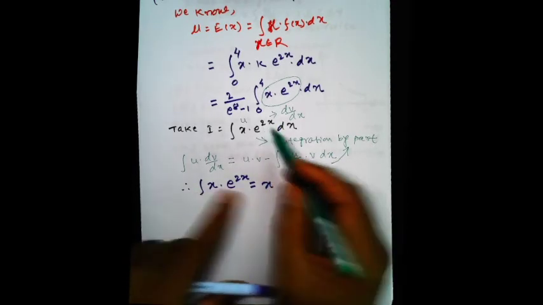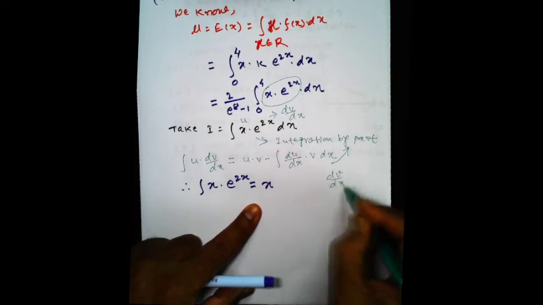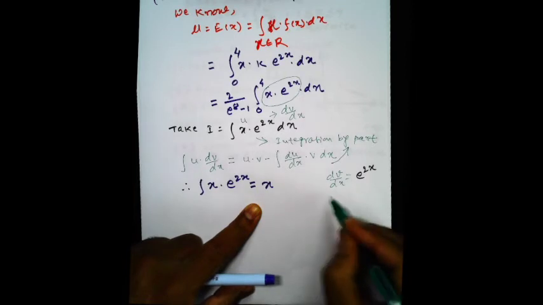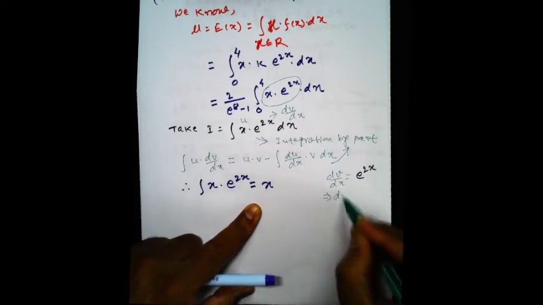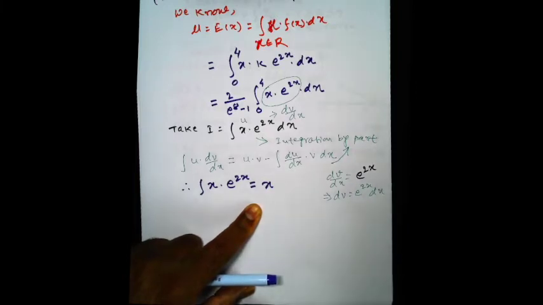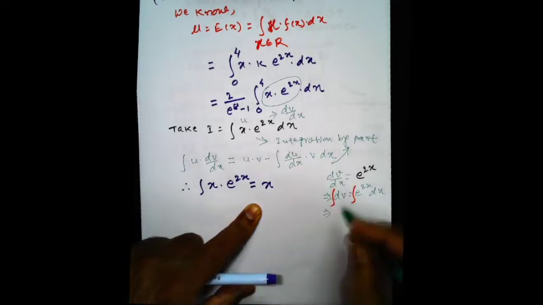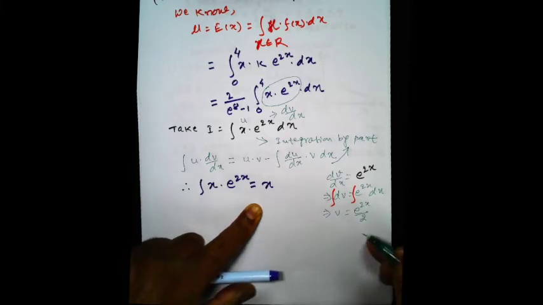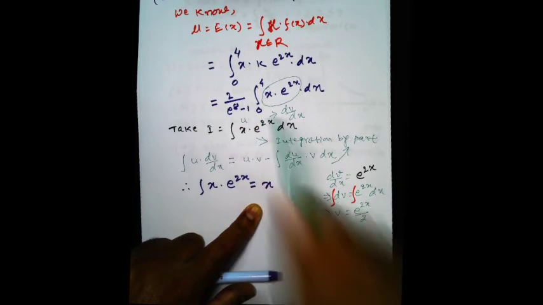If you compare these two, dv by dx is e to the power 2x, and we are going to find v, so dv equals e to the power 2x times dx, and now integrating both sides. Integration of dv will be v, and the integration of this function will be e to the power 2x over 2. At this time you don't need to write the constant term because we are dealing with a definite integral.